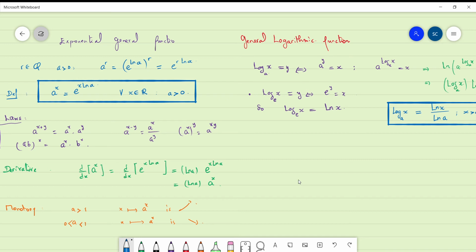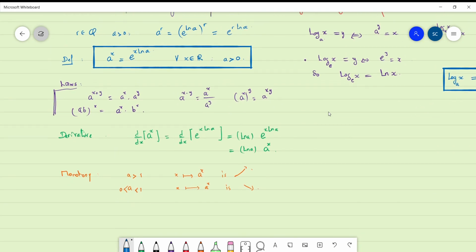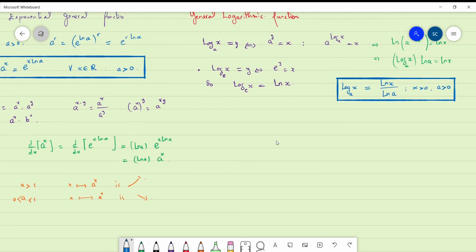For the shape of the curves, since it's a factor of the exponential, depending on the sign of ln a, it looks like the exponential or has another shape. For the logarithmic function, a similar remark. Without staying longer on these properties, let's go and practice some questions.